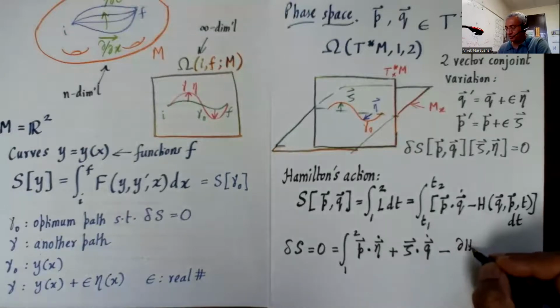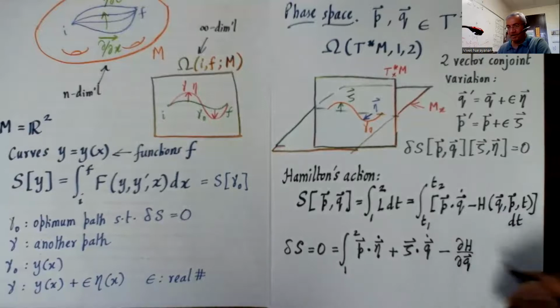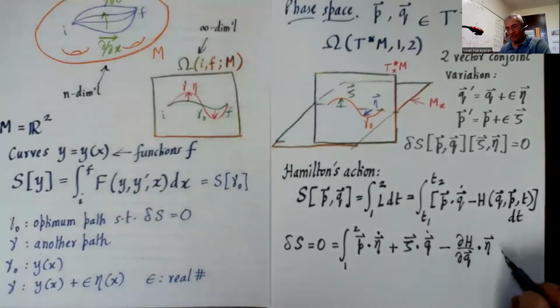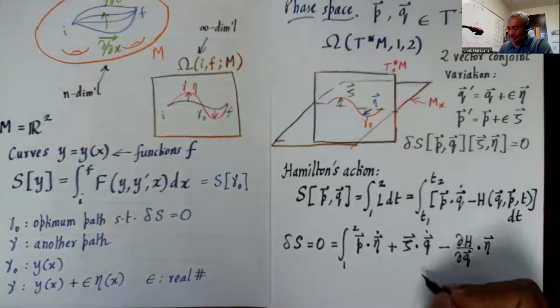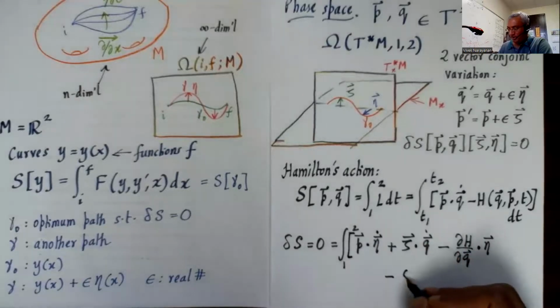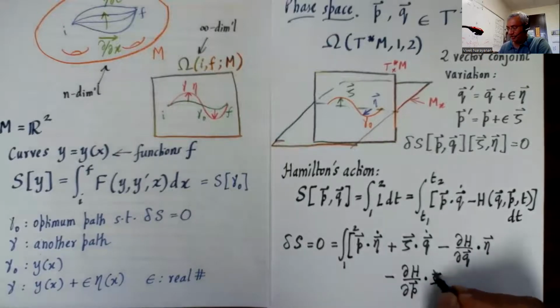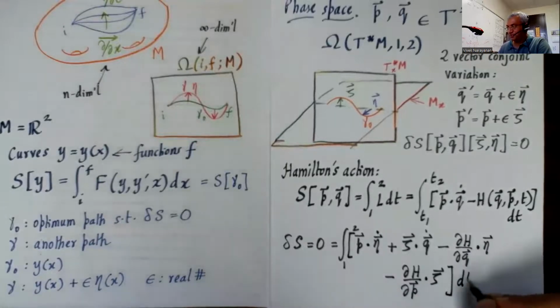And then I get del H over del Q vector dotted with eta. So that's a column vector and a row vector. You should think of all these as matrices. And then I get minus del H over del P dotted with zeta dt.